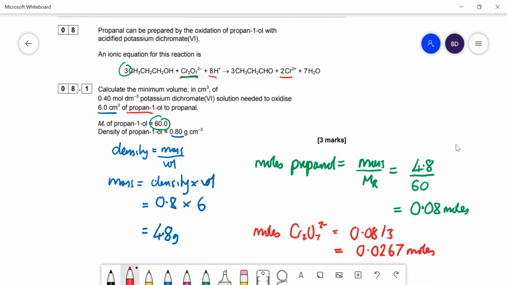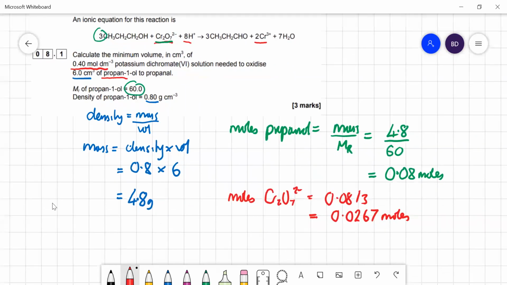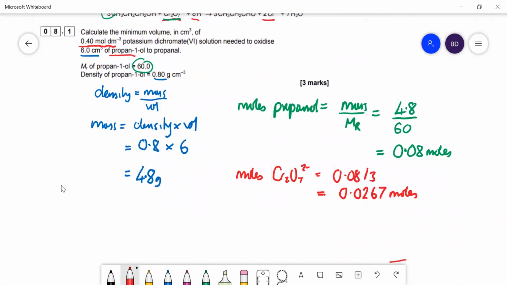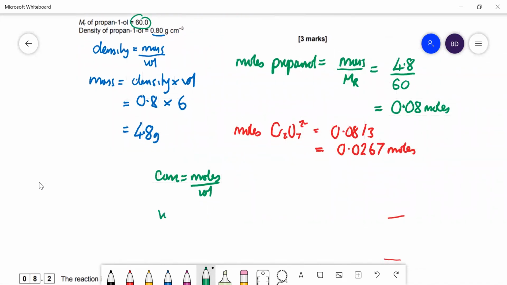So we know the moles of dichromate. Now we know the concentration of the dichromate, so we should be able to work out the volume. Concentration is equal to moles over volume. So the volume in dm cubed is moles over the concentration.